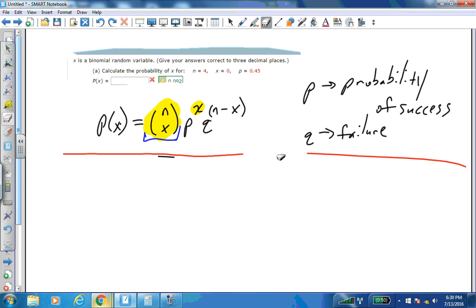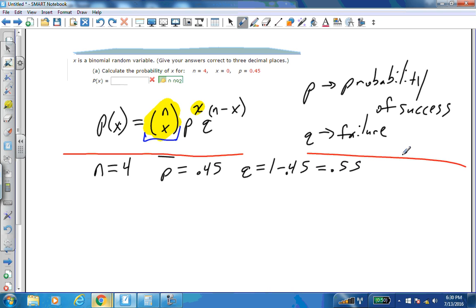So we have a binomial probability experiment where there are 4 trials. The probability of success is 0.45, which means the probability of failure is the complement of that, so 0.55. We want to find the probability that x is 0.